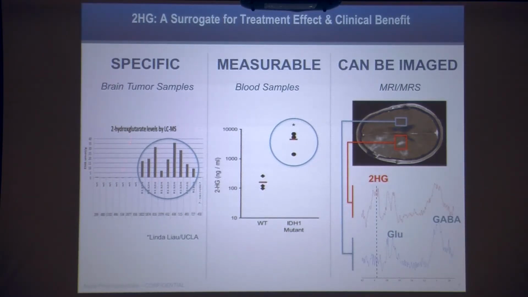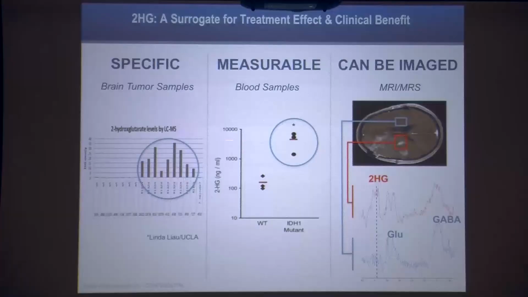I called her up and asked, what do you have in terms of tumors that we can look at? She provided us a set of low-grade gliomas that were blinded to us on their genetic status. We ran these over the mass spec, and what we found was 100% correlation: all the tumors that had an IDH mutation had millimolar concentrations of 2-hydroxyglutarate compared to glioma patients whose tumors did not have this mutation. That really speaks to perhaps this molecule playing a role in the pathology of the disease.